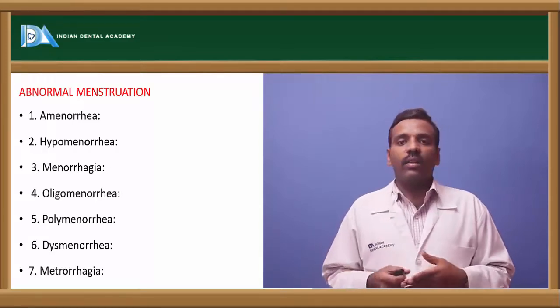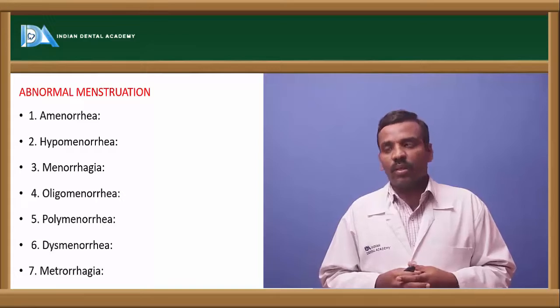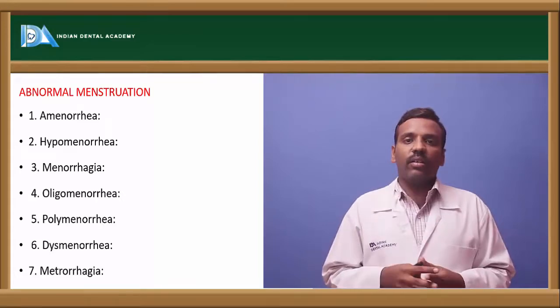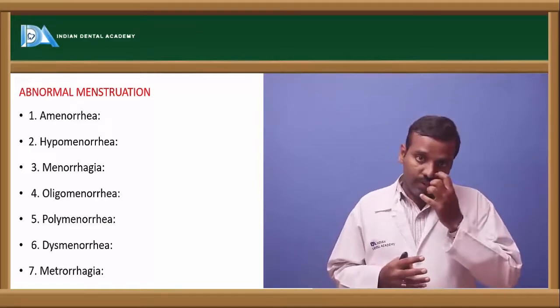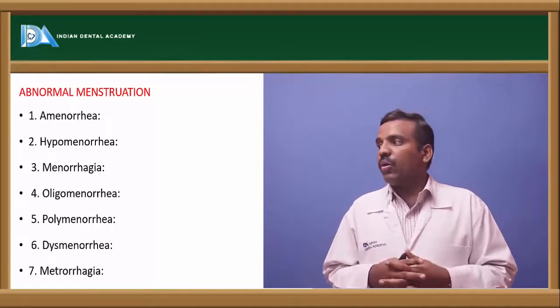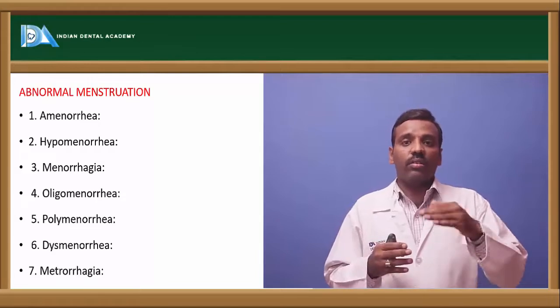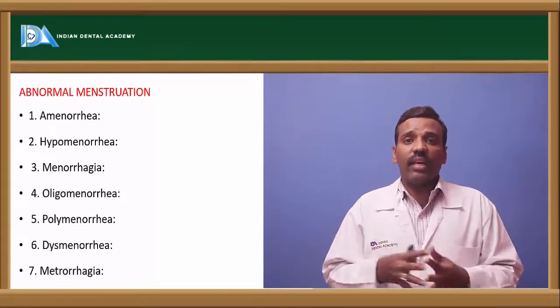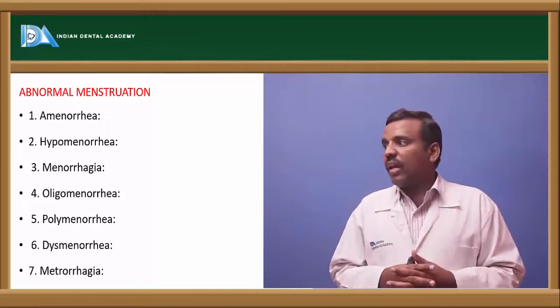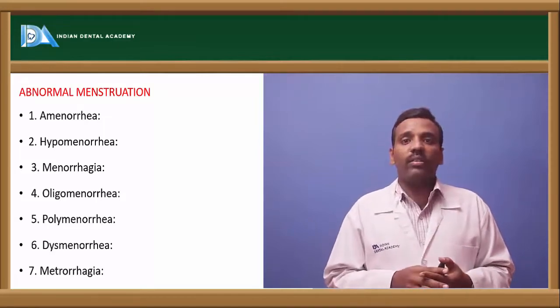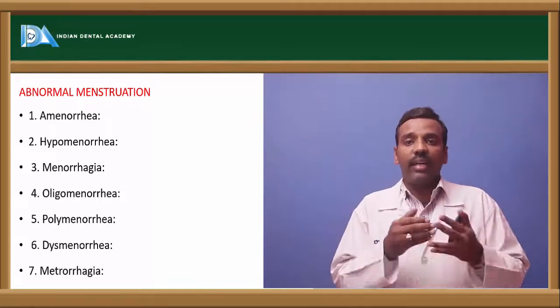Amenorrhea means absence of the menstrual cycle. Hypomenorrhea means the frequency is decreased in the menstrual phase. Menorrhagia means the frequency in the cycle is decreased. Oligomenorrhea means the bleeding is decreased.